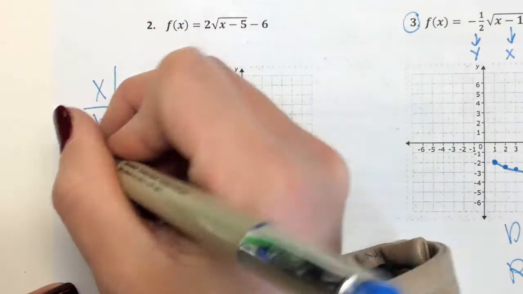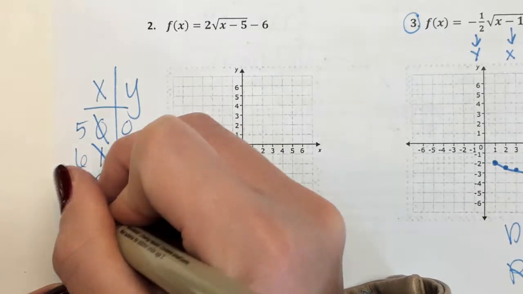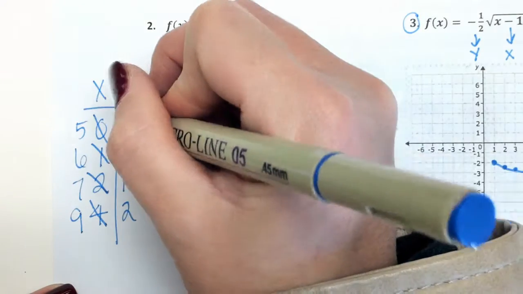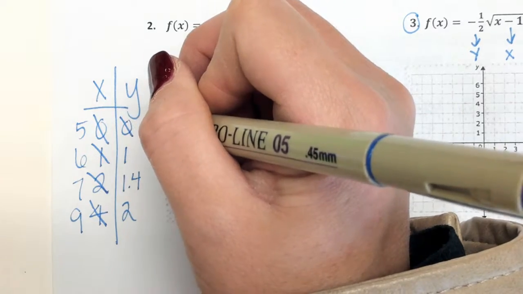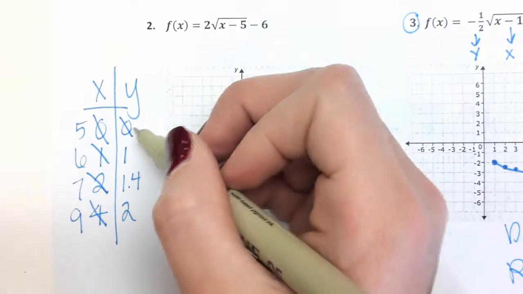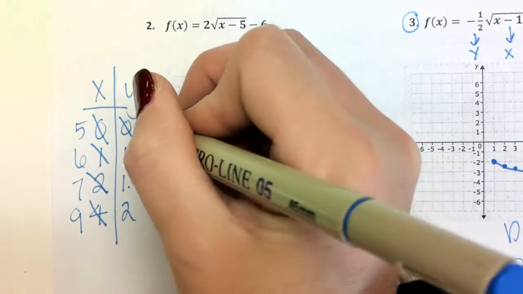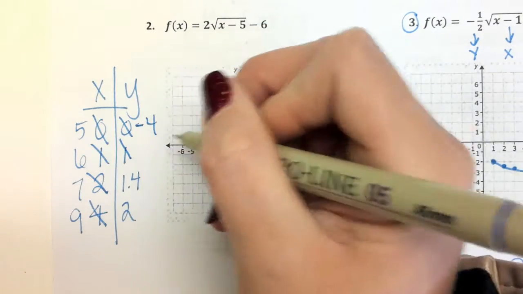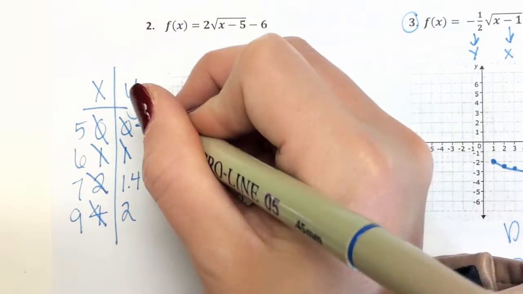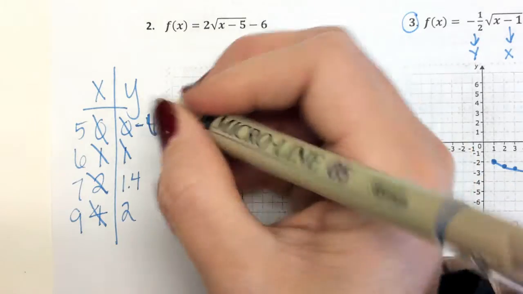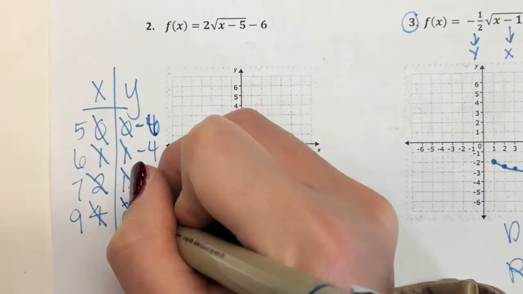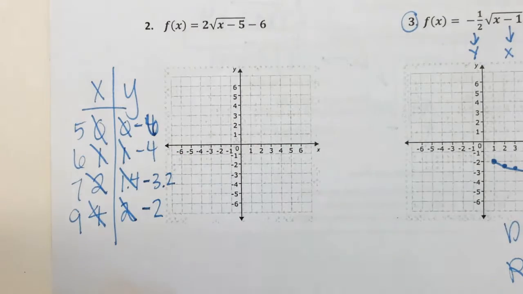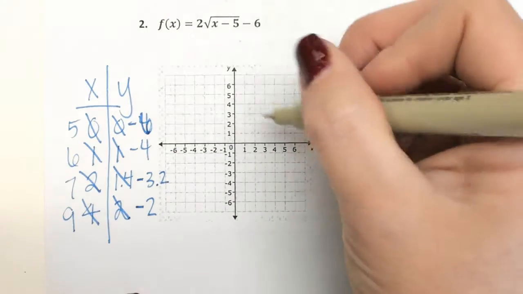Next. 6. Next. 7. Next. 9. Good. Now the Y values. Who left off? Go ahead. So what'd you get for your Y value? Oh, -4. Next. Oh wait, the first one's -6. Okay. Go ahead. Go ahead. And last one. Everybody good with these values? Alright, I'm going to graph them.